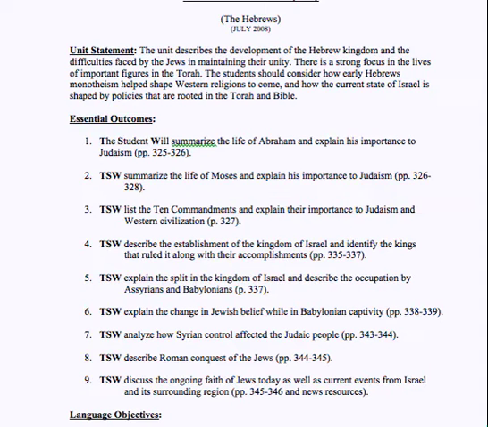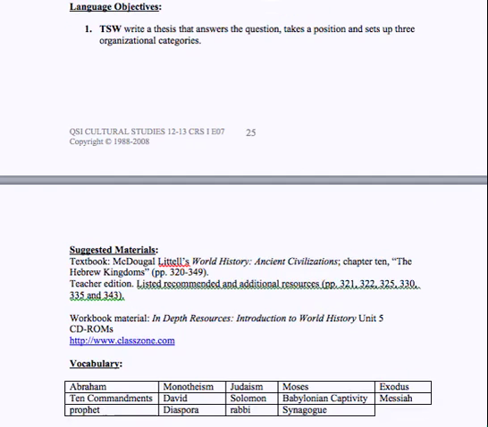Also accompanying the lesson is one language objective that I inserted particularly for developing this lesson plan: can the student write a thesis that answers the question, takes a position, and sets up 3 organizational categories for that thesis question?